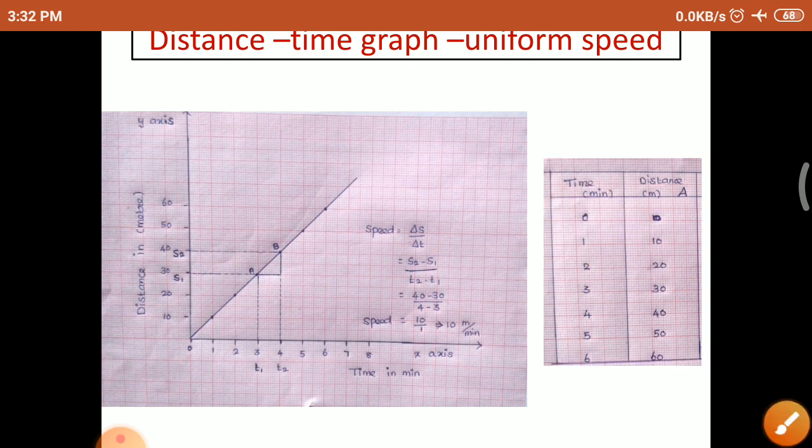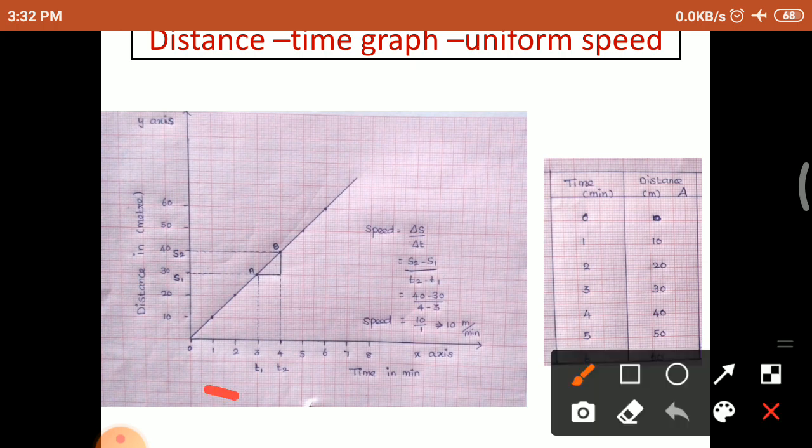So see here, this is time and this is distance. We can write the first point t1 and second point t2, the same as the first point s1 and second point s2. So delta s we can write as s2 minus s1, and delta t we can write as t2 minus t1.